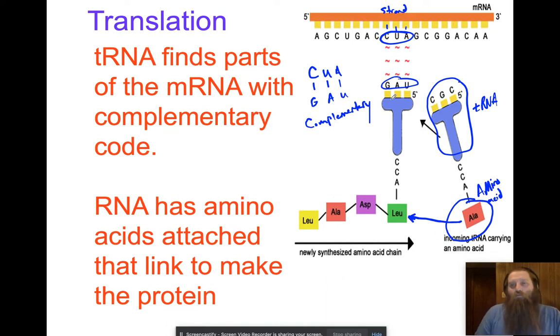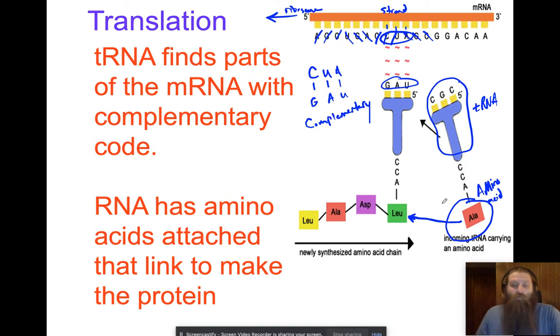And so as you read the strand, the strand's going this way into the ribosome. These 3 were read, these 3 were read, these 3 are going to be read, whatever. It just puts the next amino acid in the right order.